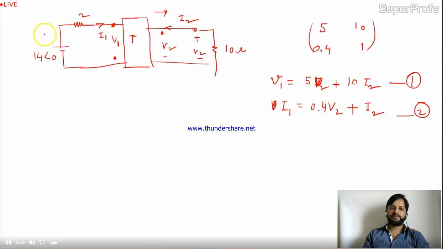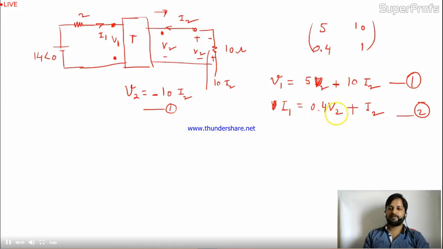The question is to calculate I1 and I2. Now I'll replace. What is V2? This V2 is minus 10 I2. I2 is coming in this direction, it will make some drop over here and the drop value will be 10 I2, and V2 is the drop. So V2 is minus 10 I2.